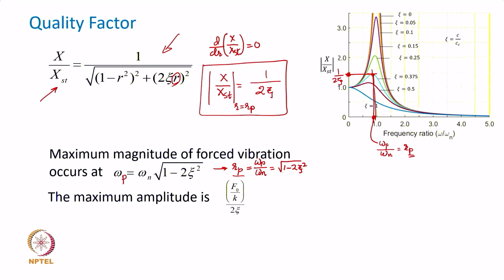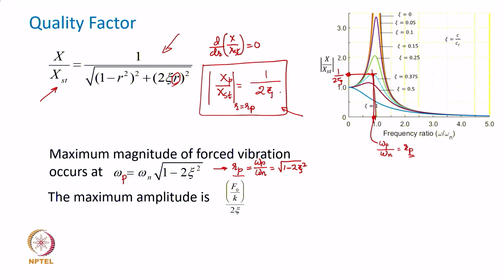Obviously, it has to depend on the damping ratio, which is clear from this graph that the peak amplitude is dependent on the damping ratio, and the quantification of that has come from this expression. Now, the maximum amplitude itself, as I showed here, is given by xp, which is xst divided by 2 zeta.